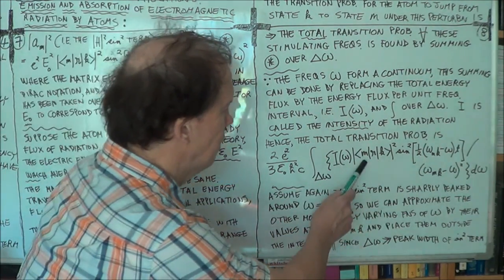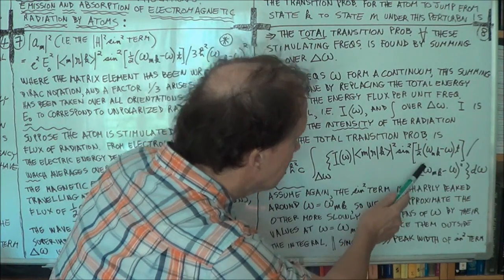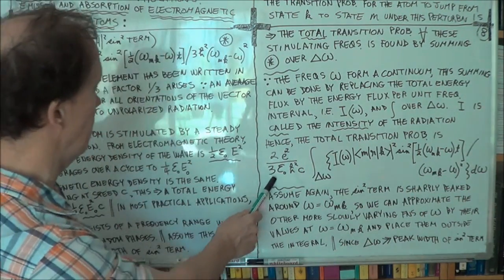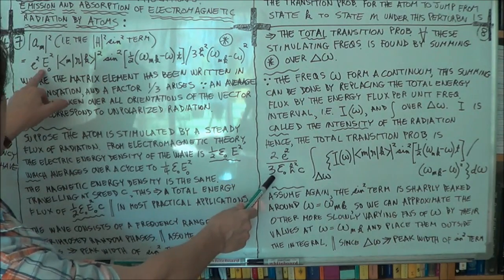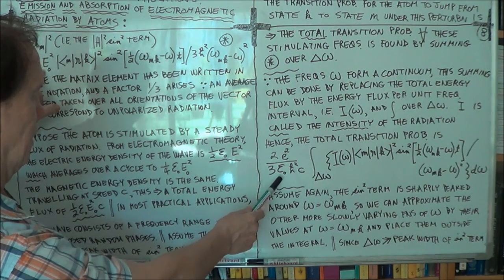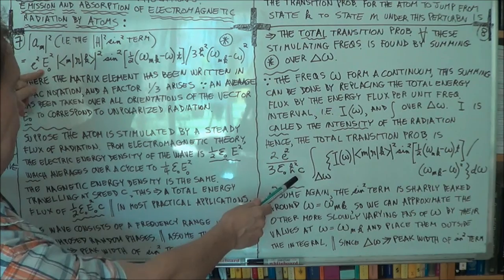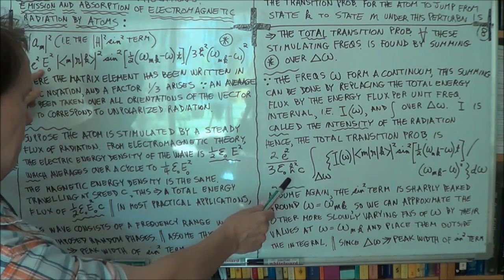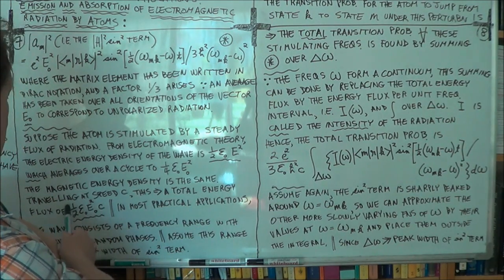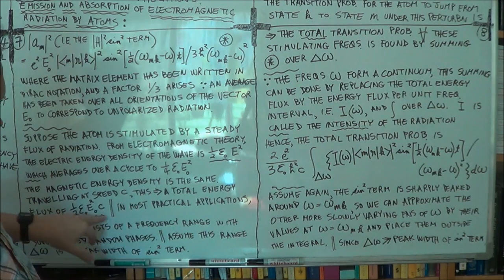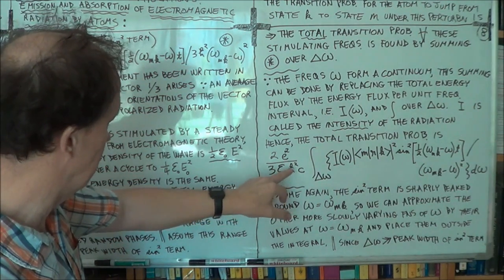Now the rest here is the same, except there's the threes come out here, I guess. So let's go. So the flux, the half eta E naught squared, eta E naught, whatever.